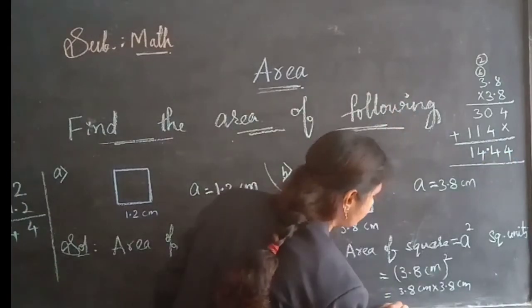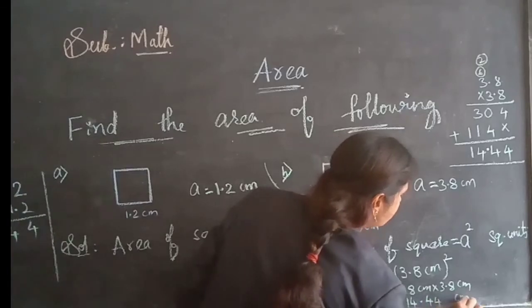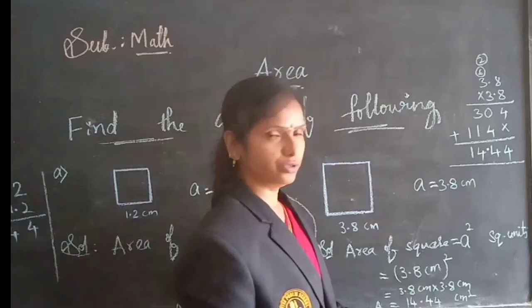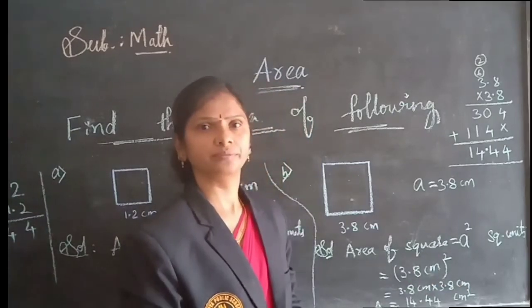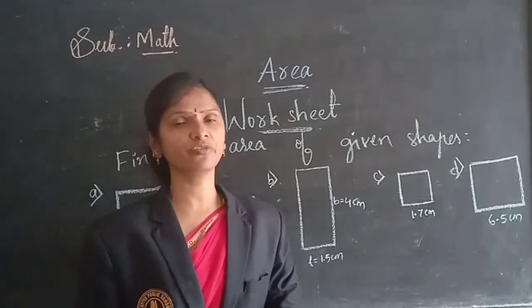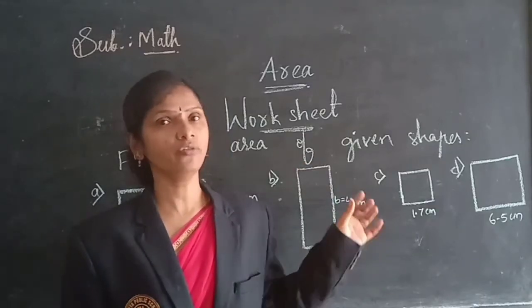Nothing but 14.44 centimeters square. Means area of the given shape is 14.44 centimeters square.